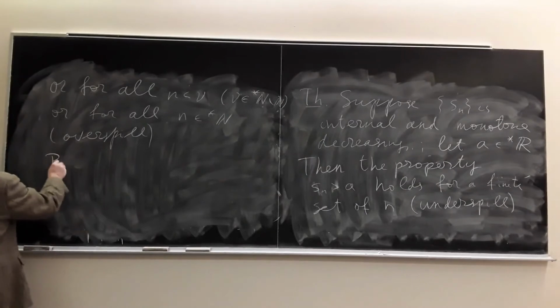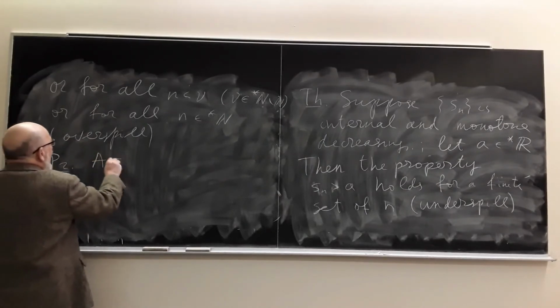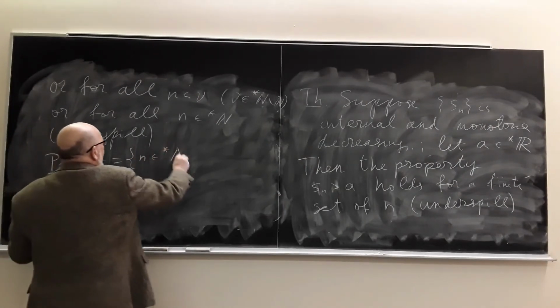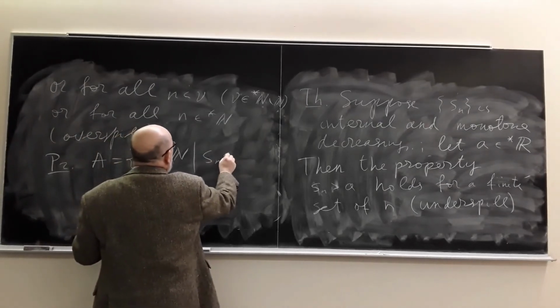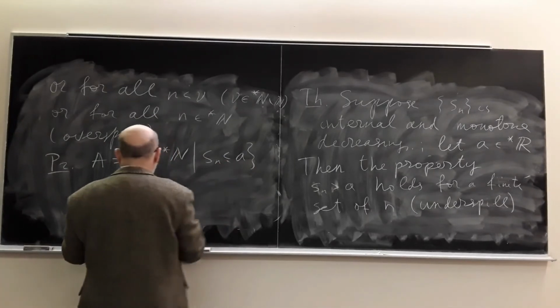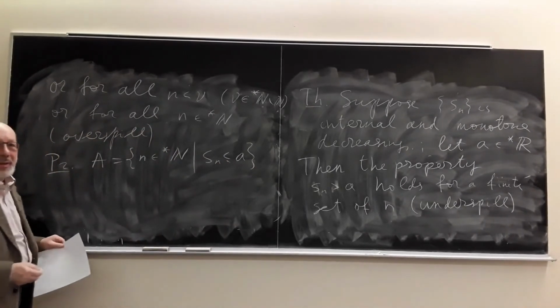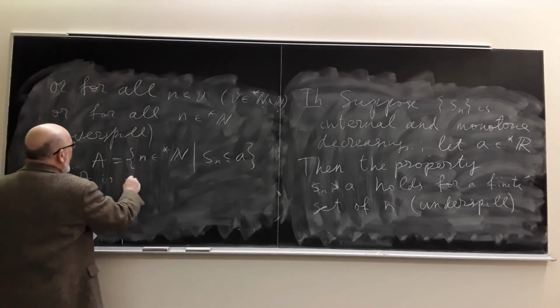No proof. I define A as the set of n in star N such that Sn is less or equal than A. Again, this is an internal set. A is internal.